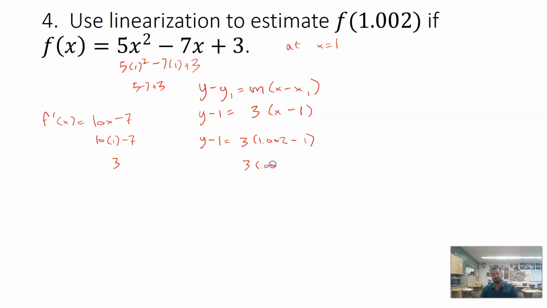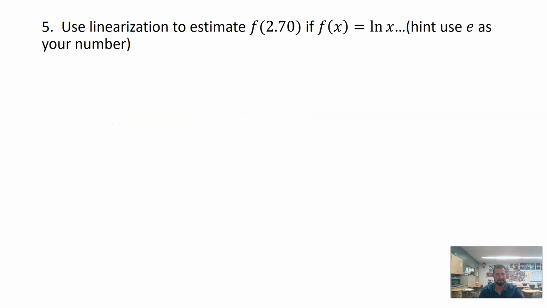So I get 0.002 times 3 is 0.006. I've got y minus 1, so I add the 1 over to the other side, and I get 1.006 as my answer to what that linearization would be. Hopefully that one made sense. Linearization is a lot easier than what we were doing previously.